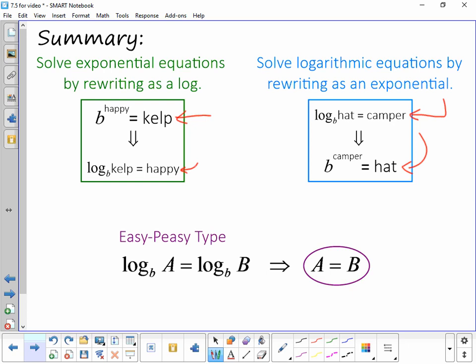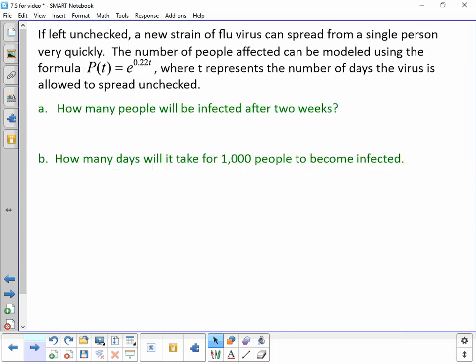Sometimes you have two logarithms that you need to condense in order to make that happen. And then don't forget the easy peasy type. If the log base b of a is equal to the log base b of c, that just means that the a has to be equal to the c. So that is solving. We're going to look at two equations that have some context, and then we'll be finished.